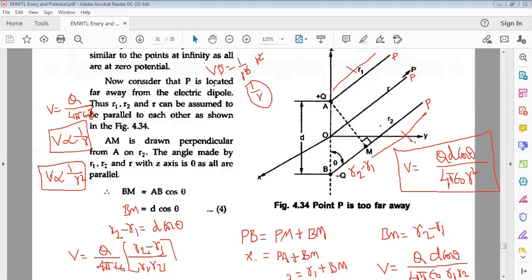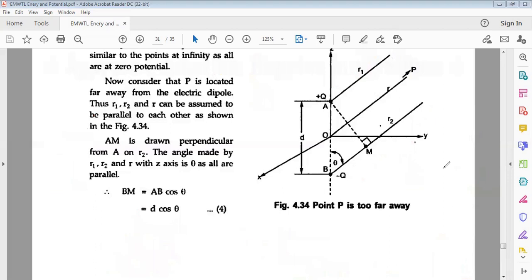And in the electric dipole, the potential is proportional to 1 by R square. Q, d, cos theta and 4 pi epsilon naught together are a constant. So V is proportional to 1 by R square, where R is the distance from the origin to the point P. Okay, my dear students. Now see.